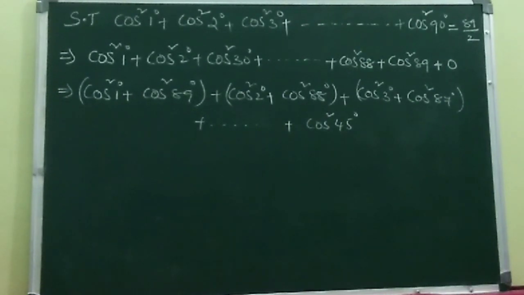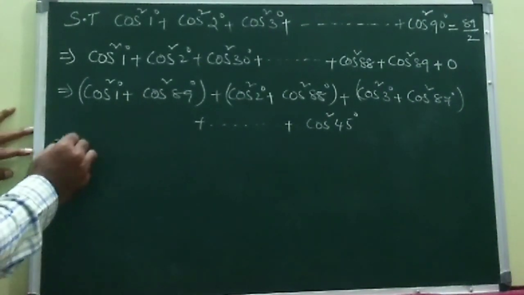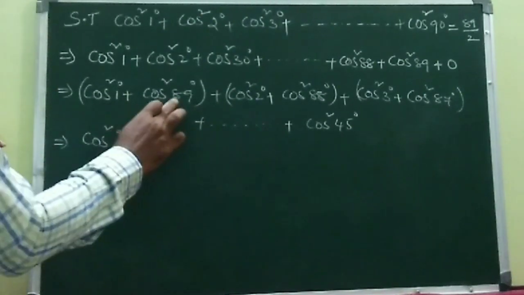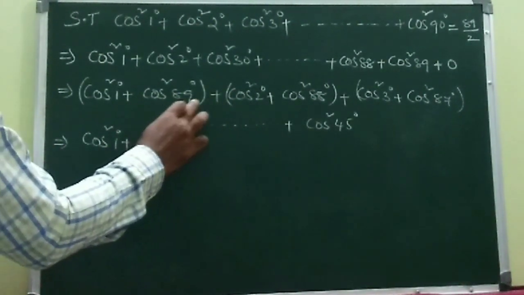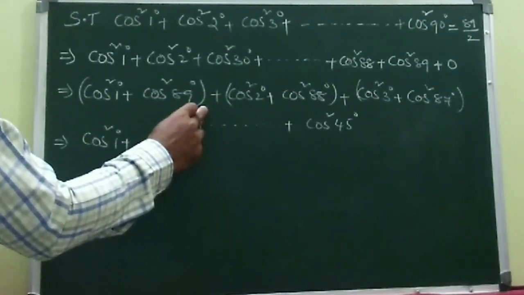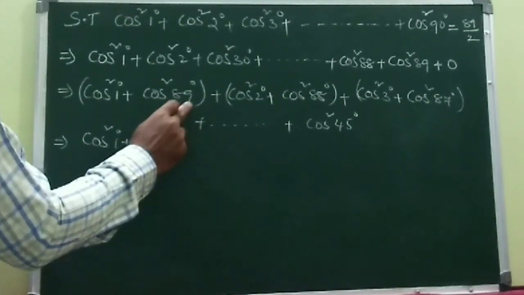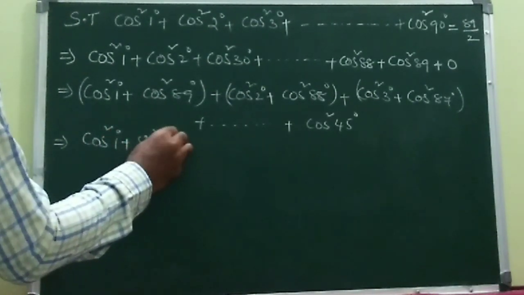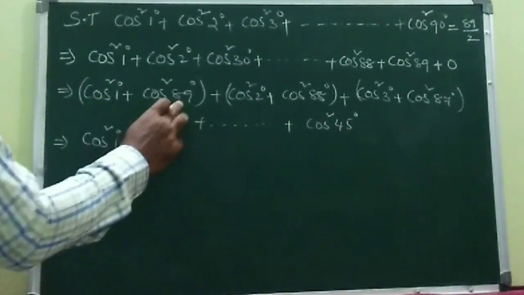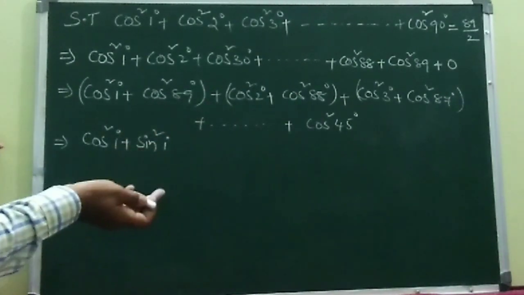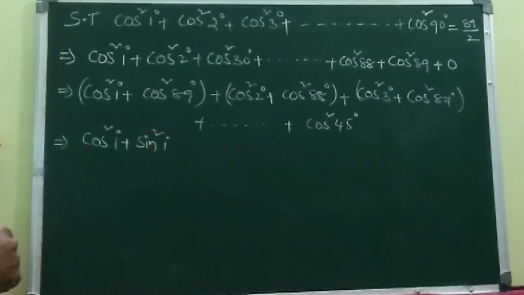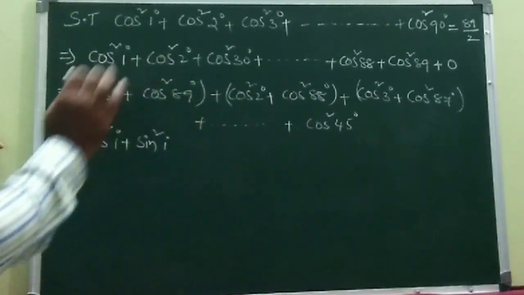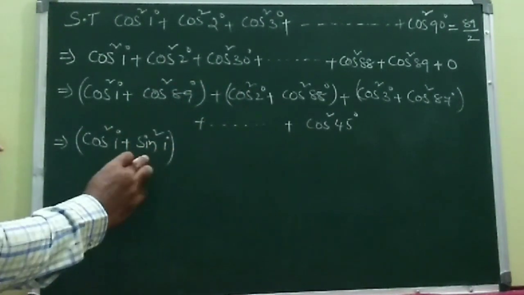Plus cos square 45. Now you see, my dear, this is cos square 1 degree plus, actually 89, I can write it as 90 minus 1. Because of 90, cos changes into sin square 1 degree. Of course, 90 minus theta is in the first quadrant, so anyhow all are positive, and that too this is a square, so it will never be negative. Is this clear to you?